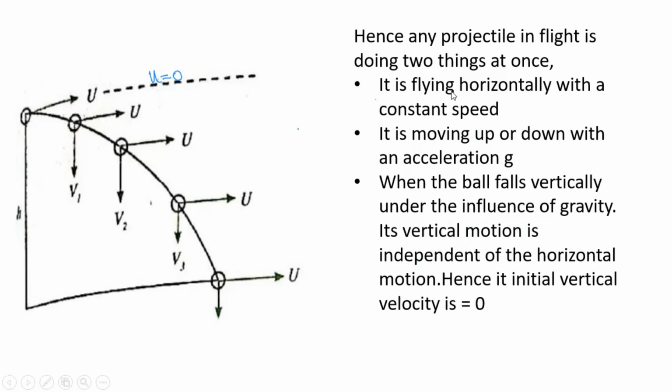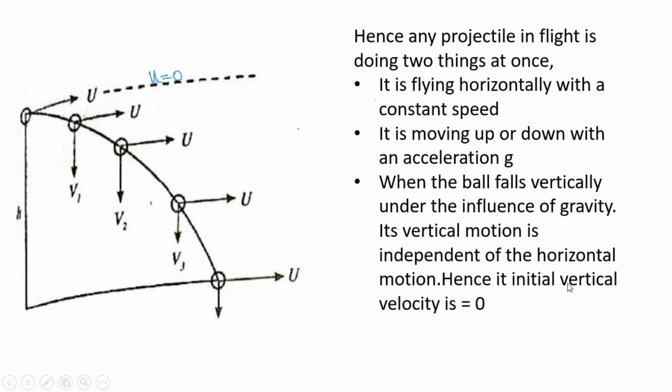So it is flying horizontally. When it is flying horizontally, U is equal to zero, moving horizontally with a constant speed. It is moving up and down with acceleration, which has to do with gravity. When the ball falls vertically under the influence of gravity, its vertical motion is independent of the horizontal motion.